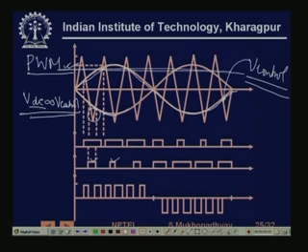Whenever my control voltage, this wave, is greater than this triangular wave, I am switching this switch on, and on the other hand this switch is being operated with respect to the other triangular wave. So whenever this voltage falls below this triangular wave, I am going to switch this on. This is my strategy.